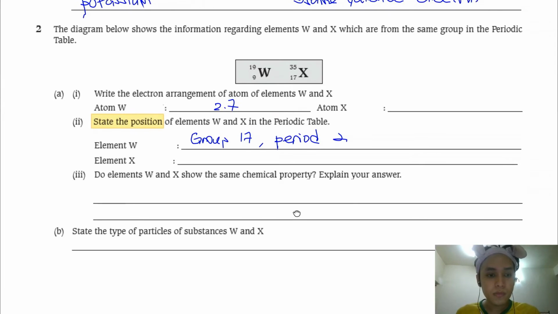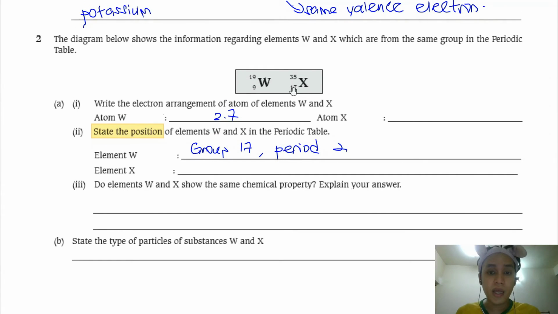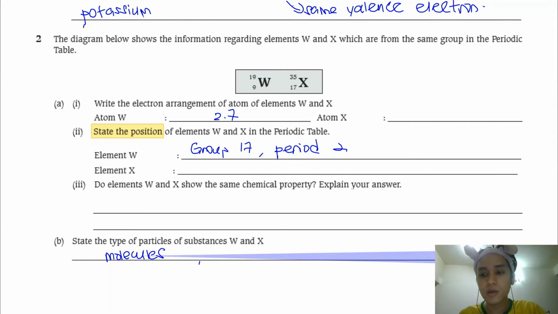State the type of particles for W and X. Based on the proton number, you will notice that they are at the right side of the group. This is actually group 17, and group 17 elements normally form molecules. They must be diatomic, meaning they form molecules.